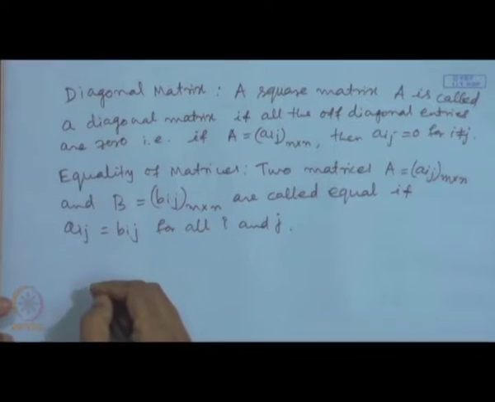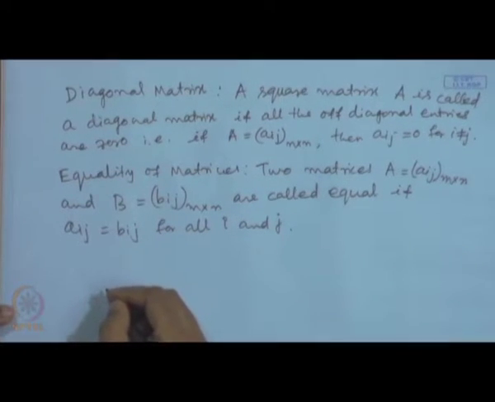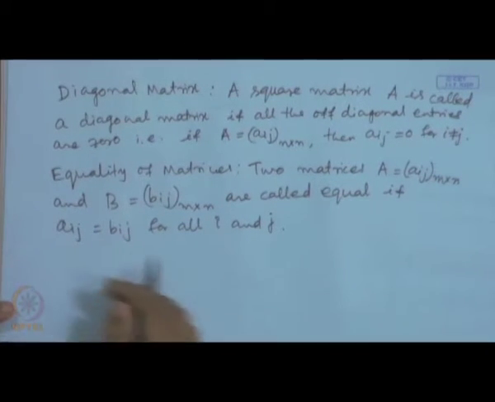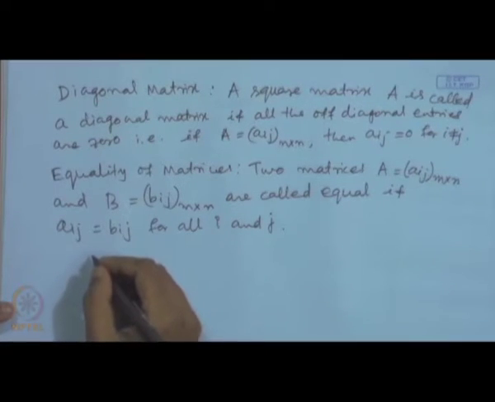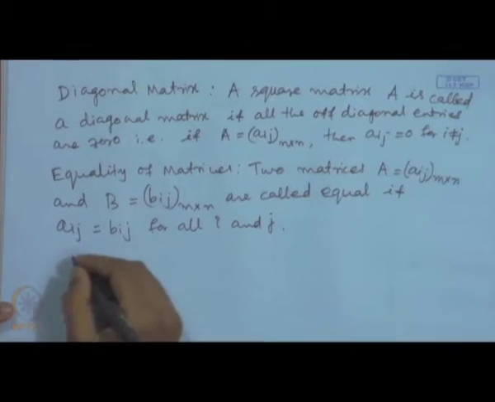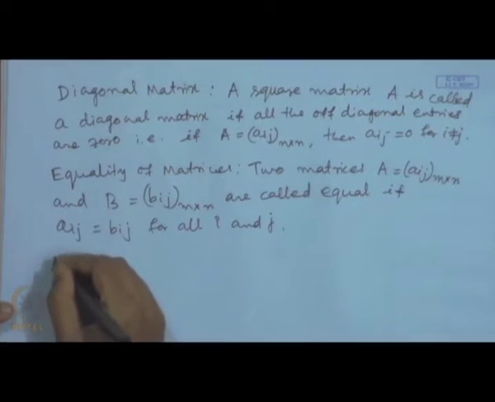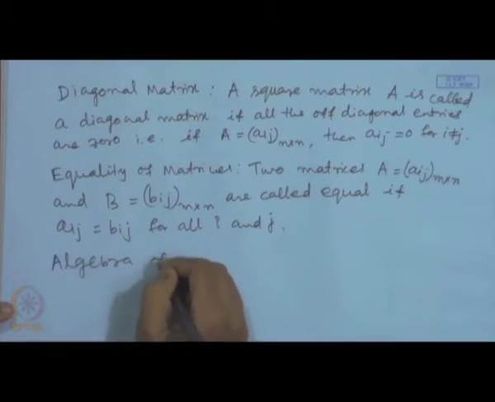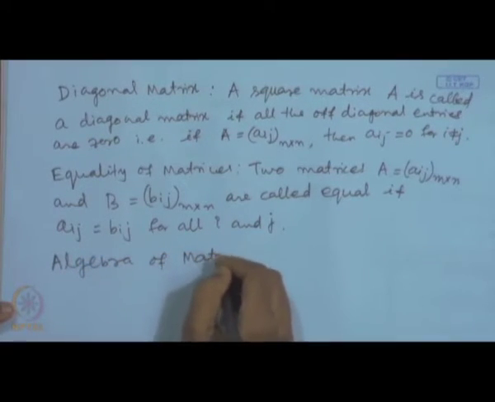So, now we can have algebra of matrices: we can add two matrices, we can subtract two matrices, we can have scalar multiplication of matrices, and also we have product of matrices, or multiplication of matrices. So, now we can say this is the algebra of matrices.